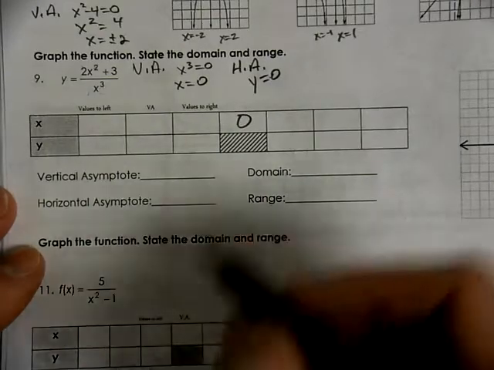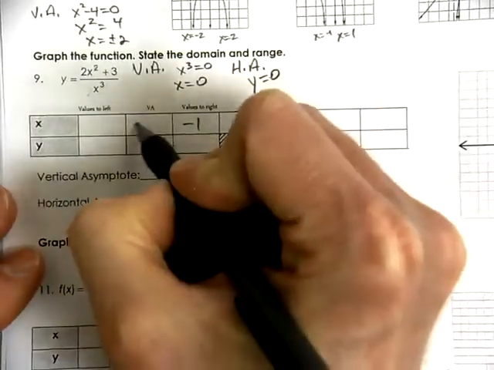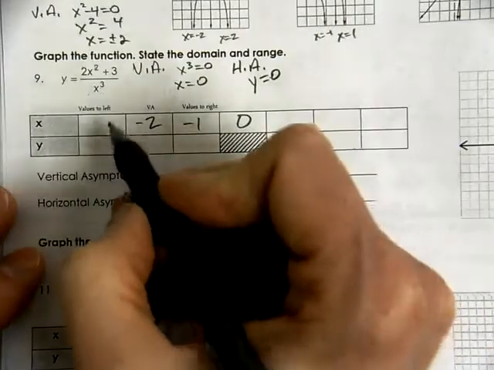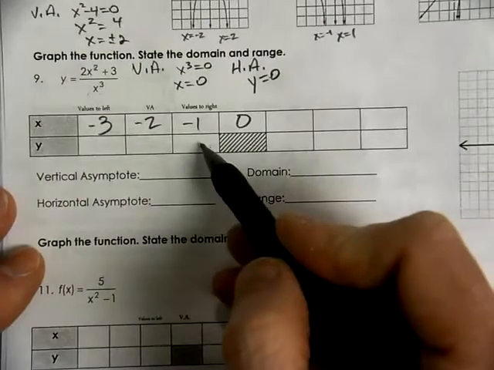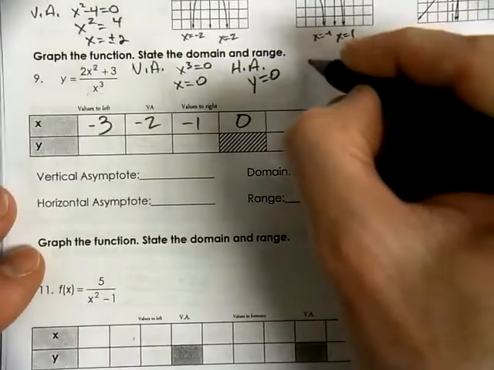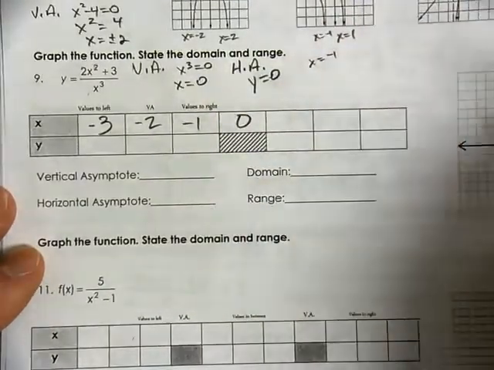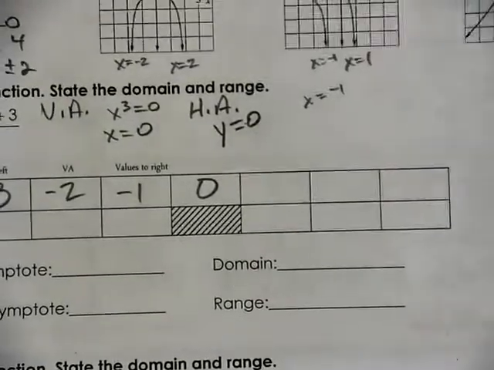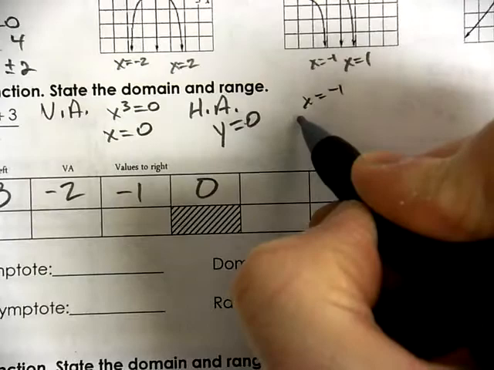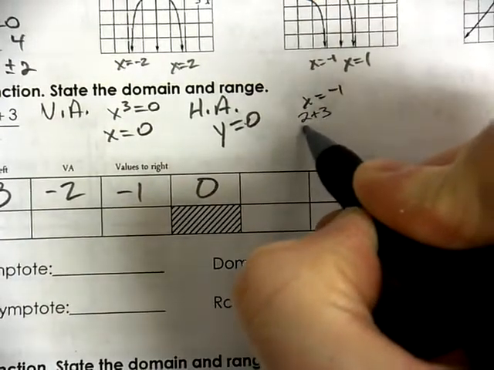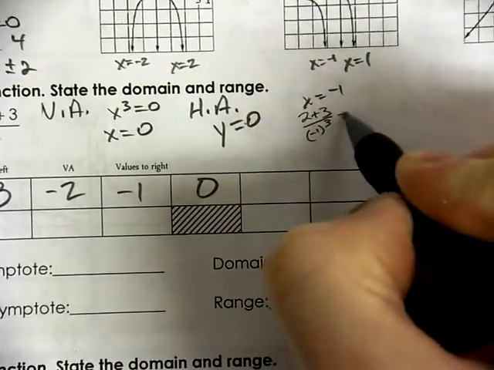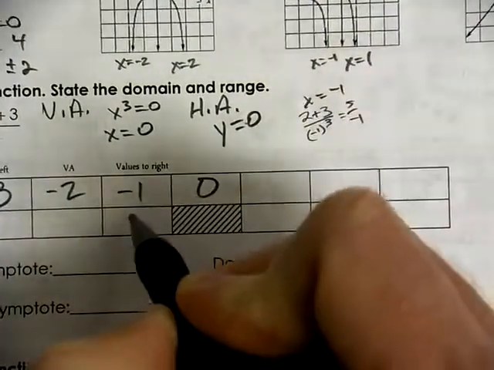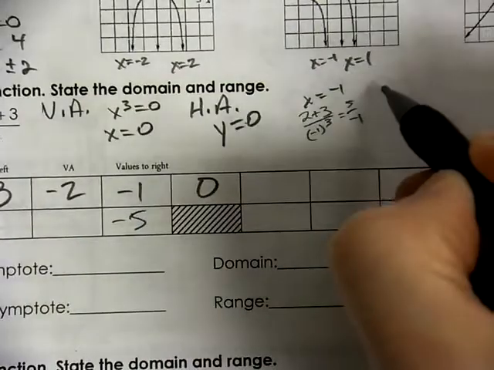We're going to pick values, negative 1, negative 2, negative 3. When we plug in our points, when x equals negative 1, we would get 2 plus 3 over negative 1 cubed, which is 5 over negative 1, which is negative 5.